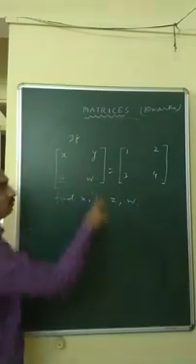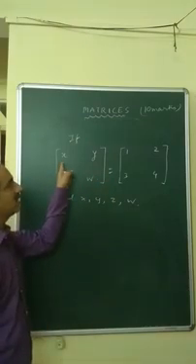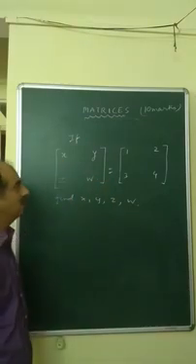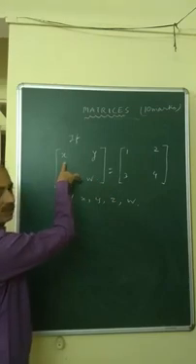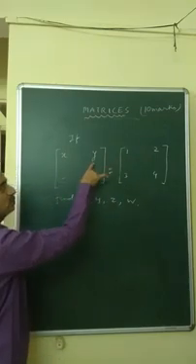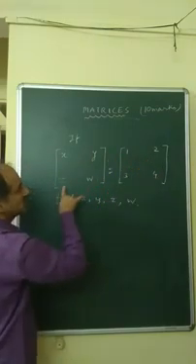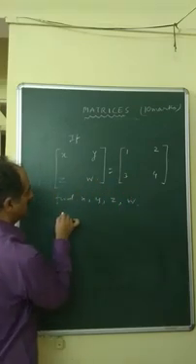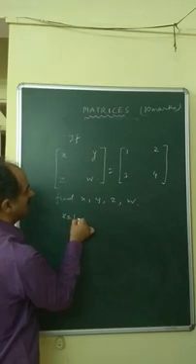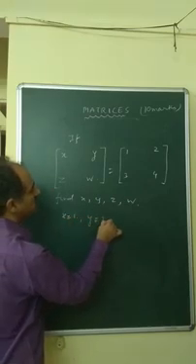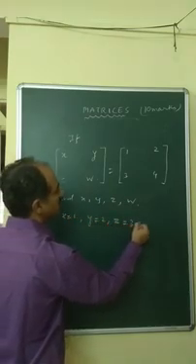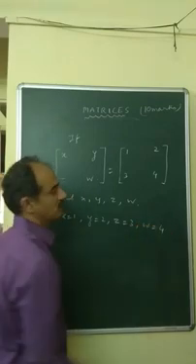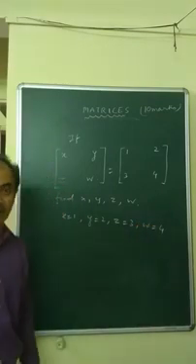See, if two matrices are equal, then their corresponding elements are equal. So X should be equal to 1, Y should be equal to 2, Z should be equal to 3, and W should be equal to 4. So very easily you can write X equals 1, Y equals 2, Z equals 3, and W equals 4. So very easy example.